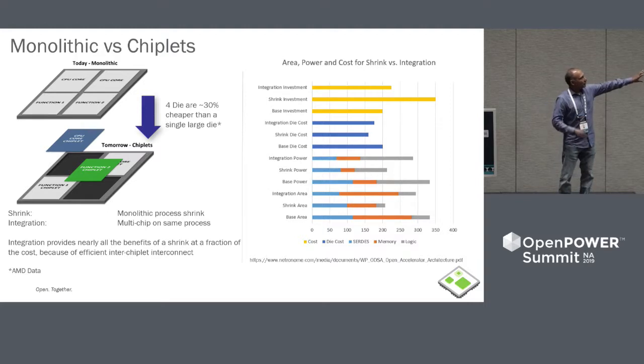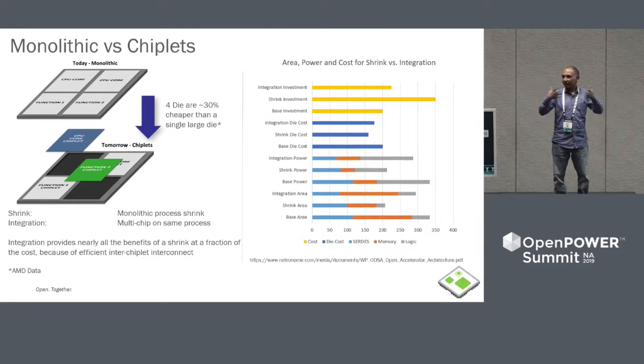And so what the chart does is it compares 3 options. It says I have a base product, and now I have a choice of 2 options. I can either build an integrated product through a multi-chiplet product, or I can build a shrunk product by combining multiple features into the next board and the next process node.